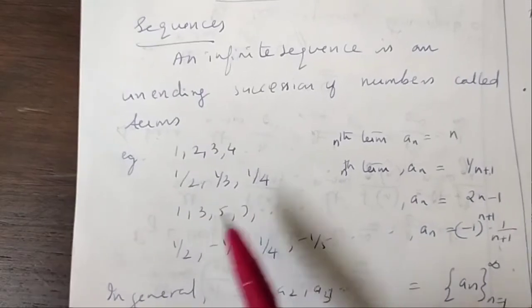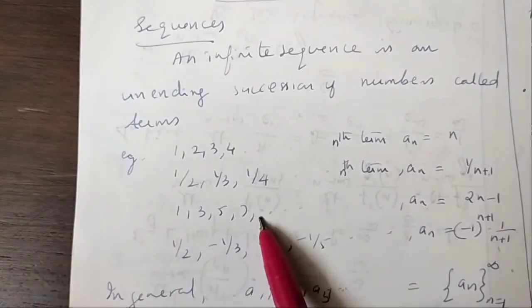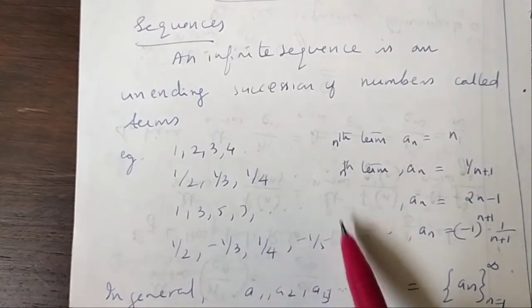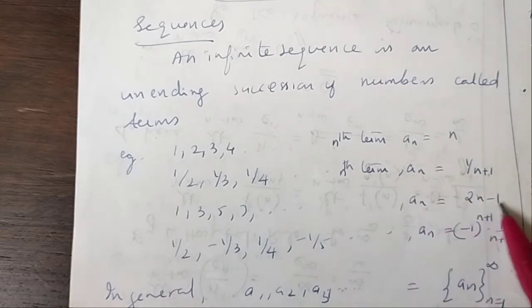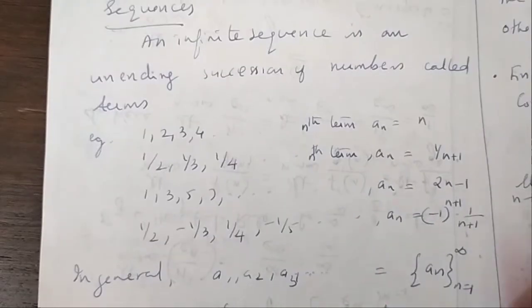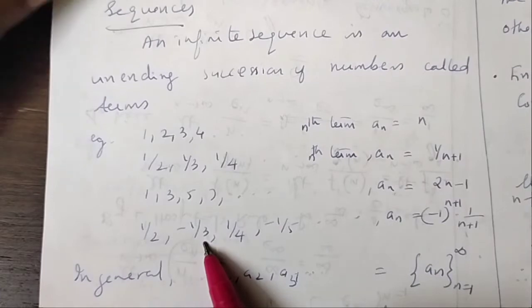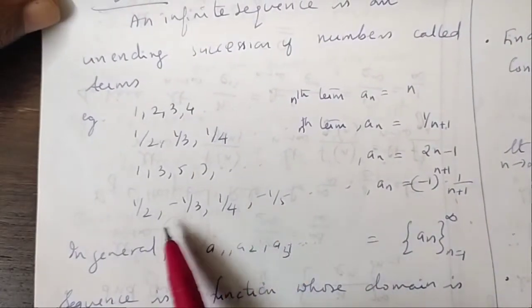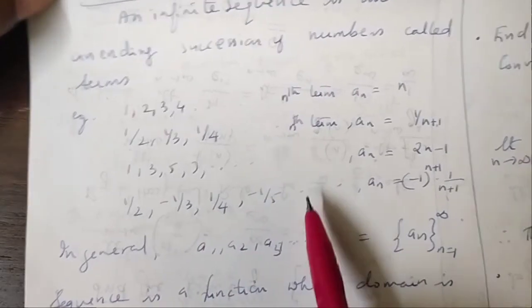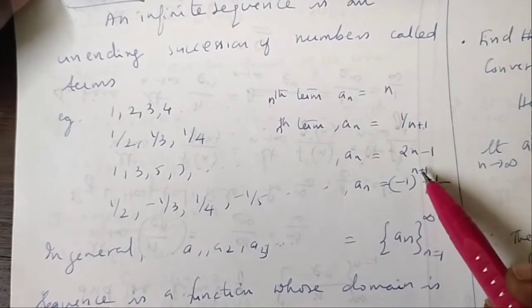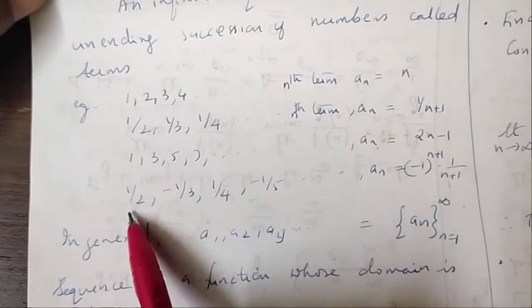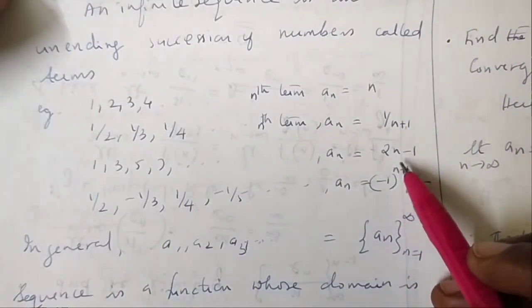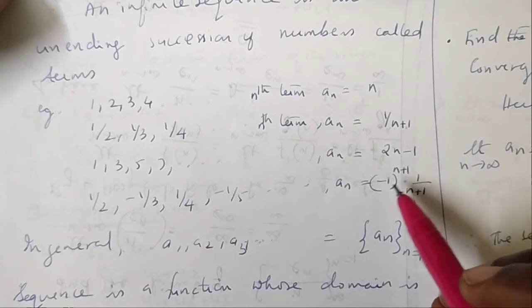Okay. So next 1, 3, 5, 7, etc. So these are all odd numbers. So a_n is 2n minus 1. Then 1 by 2 minus 1 by 3, 1 by 4 minus 1 by 5, etc. So here alternately there is a negative sign. So there comes minus 1 raised to n or n plus 1. If minus 1 raised to n, the first term will be minus 1.